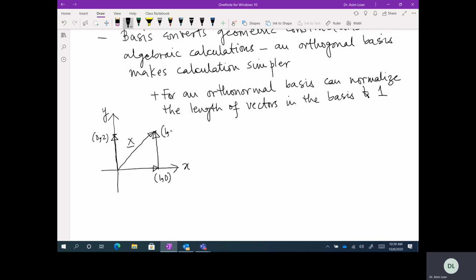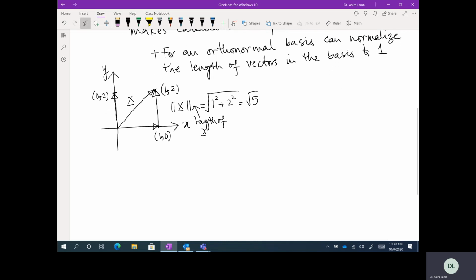Obviously, this point is (1, 2). So we know from Pythagoras' theorem that the length of x, which is called the norm, is simply the square root of 1 squared plus 2 squared, which is equal to the square root of 5. So you normalize by this length, and the vector will have a length of unity.